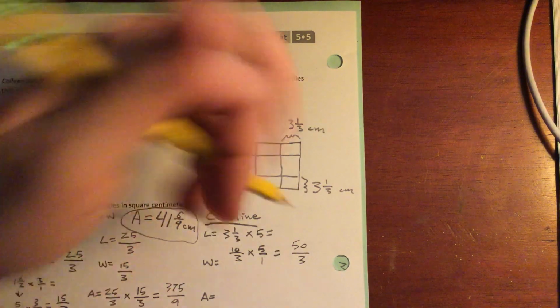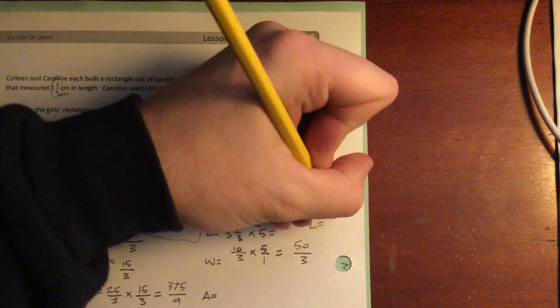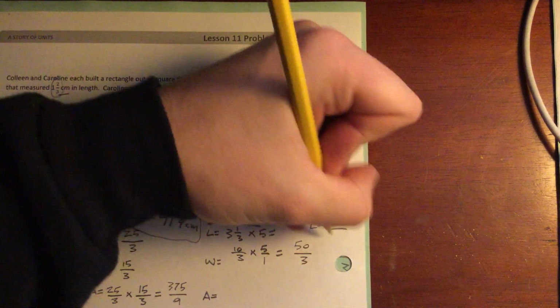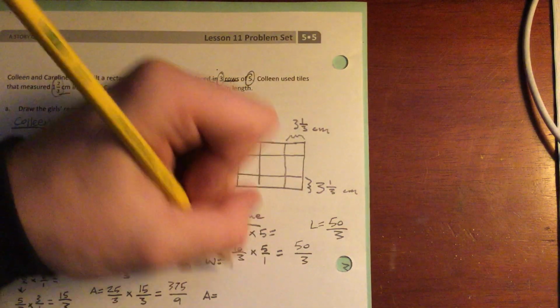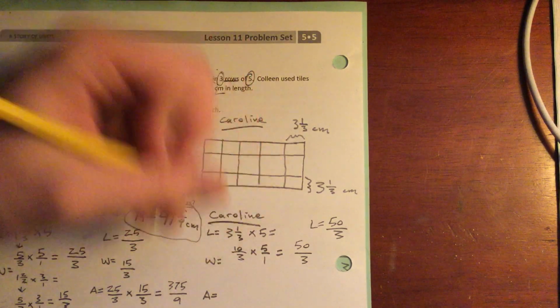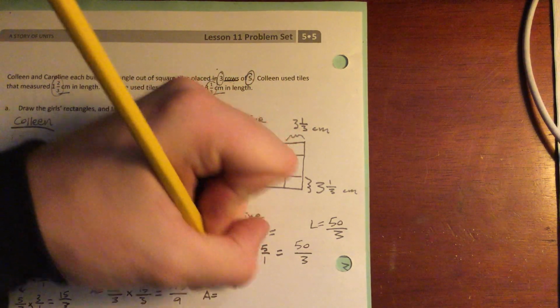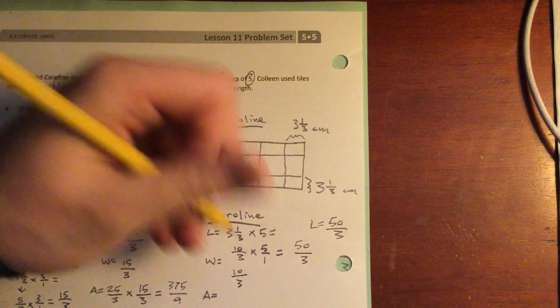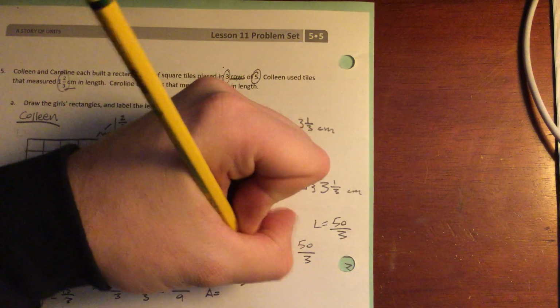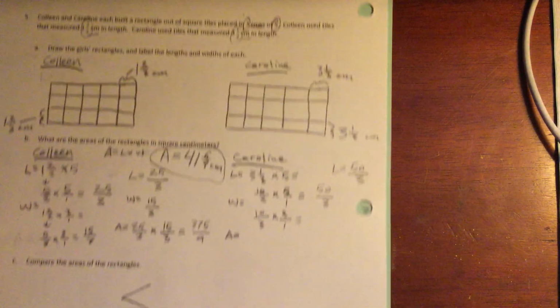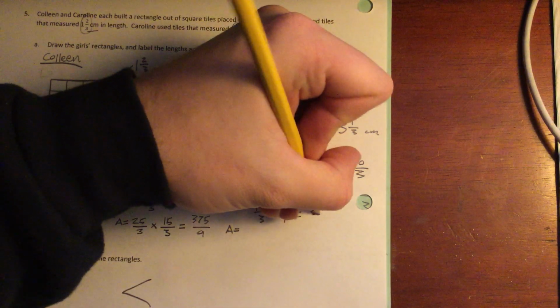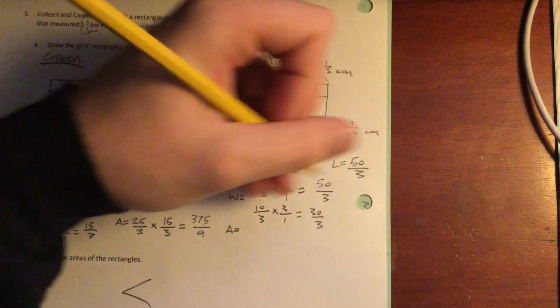So my length is going to be 50 thirds. For the width down here, I already know that 3 1/3 is 10 thirds, times 3/1. That's going to give me 30 thirds for my width.